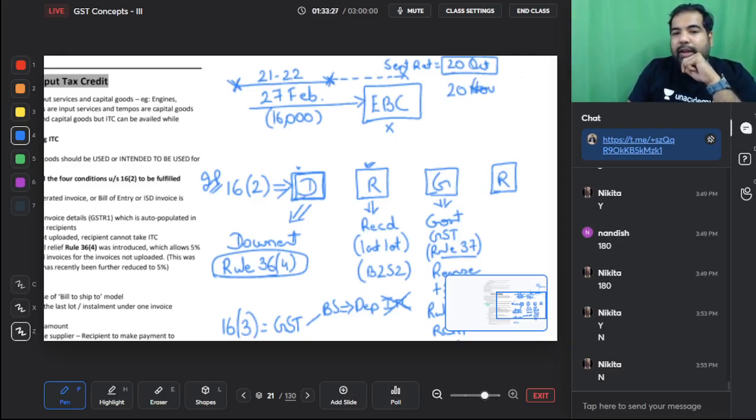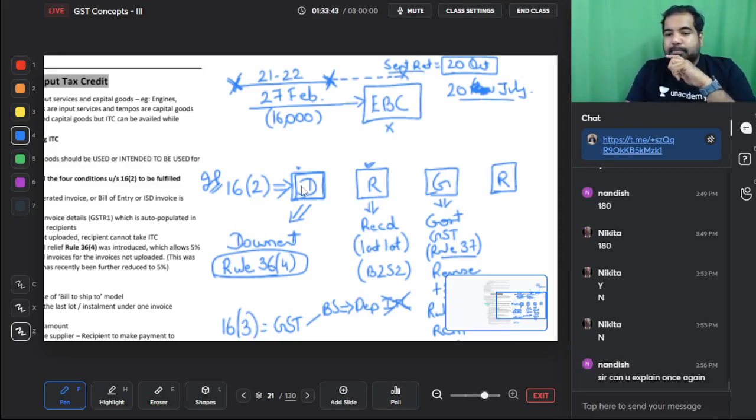And what if you file your return on 20th July, very proactive? Then 20th July. So basically, does one particular year's credit expire? Yes. You need to take it to the credit ledger before the earlier of these two dates. Otherwise, you will not be able to take the credit.